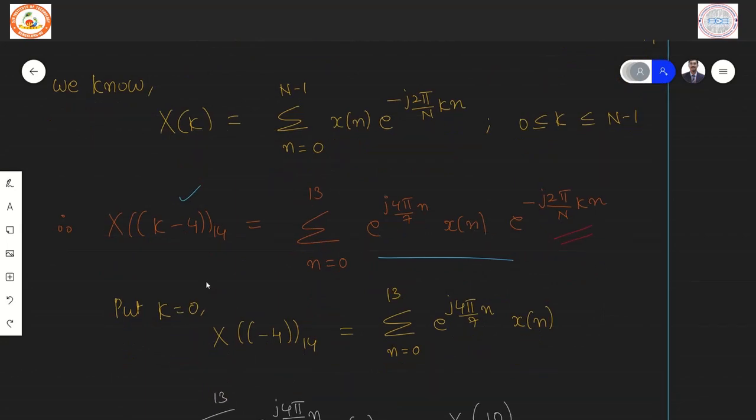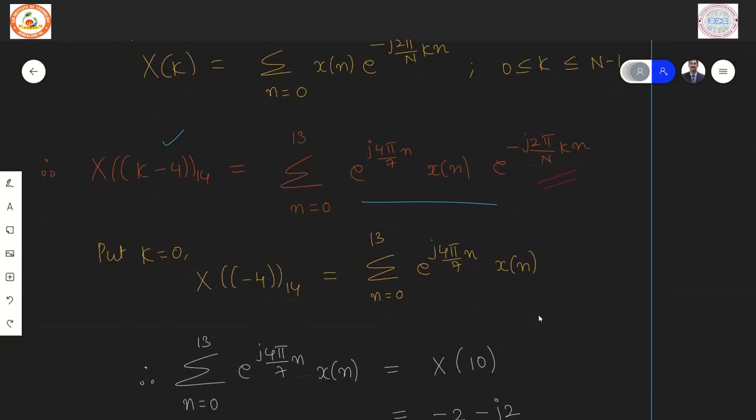Now in the above equation, let us put the value of k equal to 0. Once again, this is done to eliminate this particular exponent. So we put k equal to 0. When you put k equal to 0, the LHS becomes X of minus 4 mod 14. In the RHS, after eliminating the last exponent, what remains is the remaining terms, and this is what we have been asked to solve.